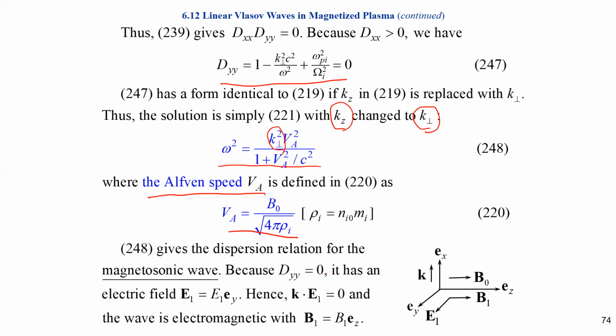It has the electric field E1 equals E1y, hence K dot E1 equals 0, and the wave is electromagnetic, with B1 in the Z direction, E1 in the Y direction, and the wave propagating in the X direction. Looks like a plane wave.